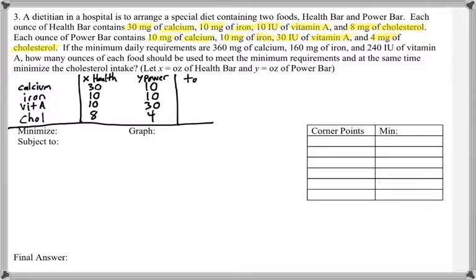And then my totals, it says the minimum daily requirement is 360 milligrams of calcium, 160 milligrams of iron, and 240 IU of vitamin A. So because it's the minimum, these have to be greater than or equal to those numbers.